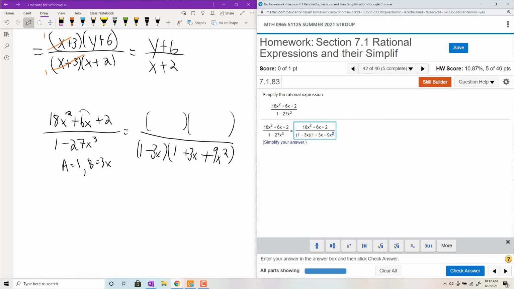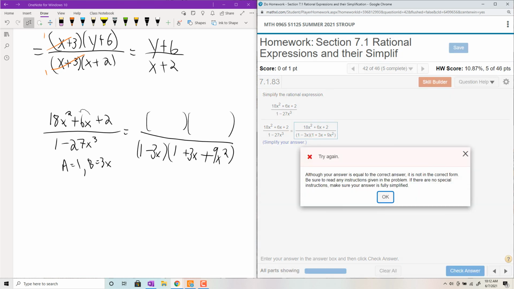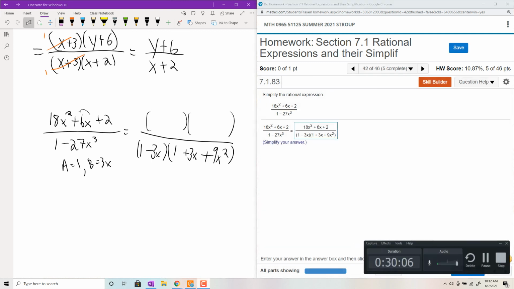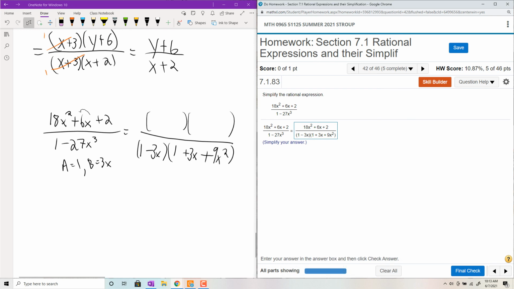X squared. It's not in the correct form. Although your answer is not in the correct form. I think they just want me to factor out the 2 in the numerator.